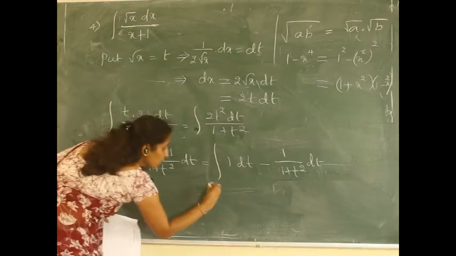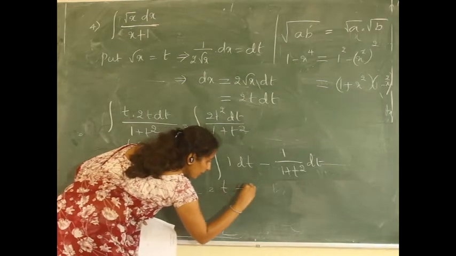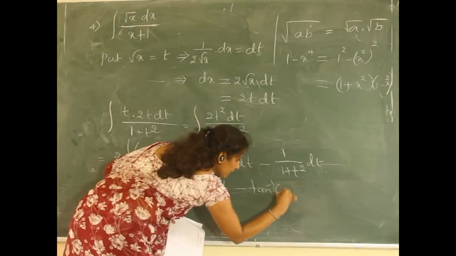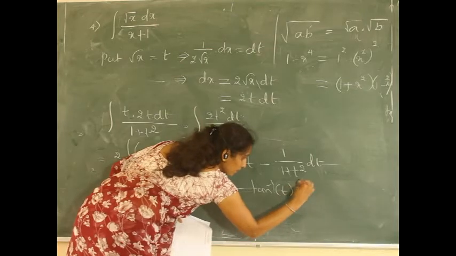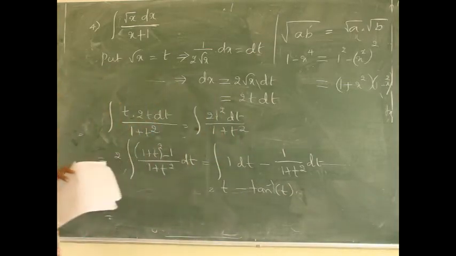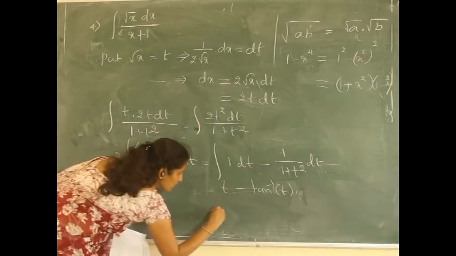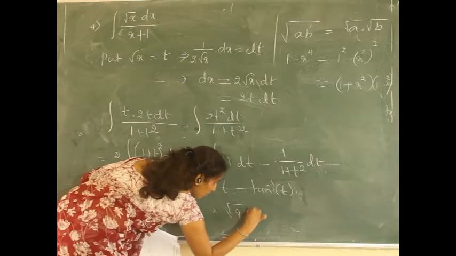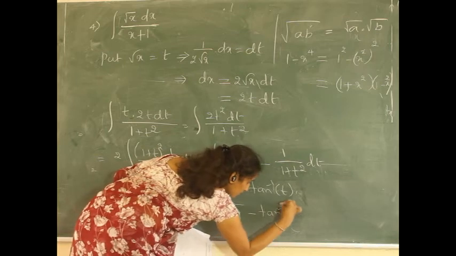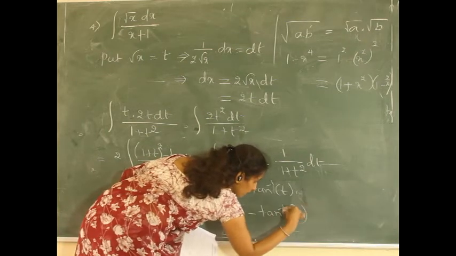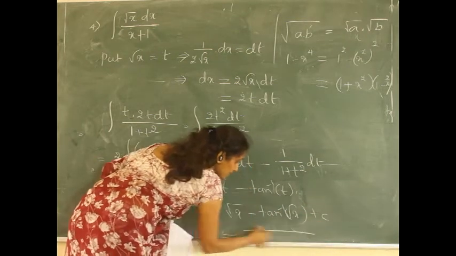So this is equal to t minus tan inverse t, but t we have taken as root x, so this is equal to root x minus tan inverse of root x plus c.